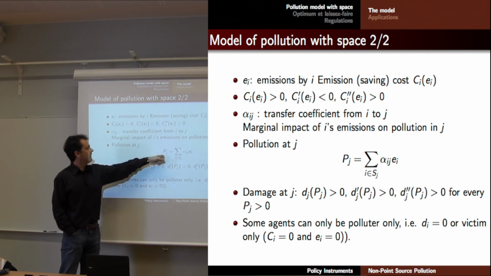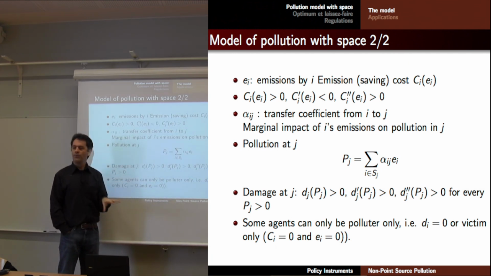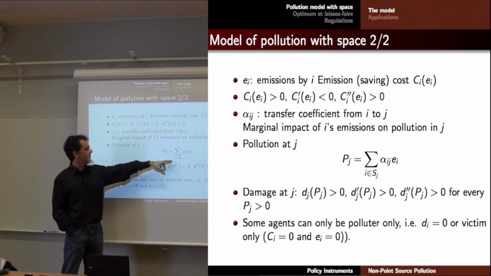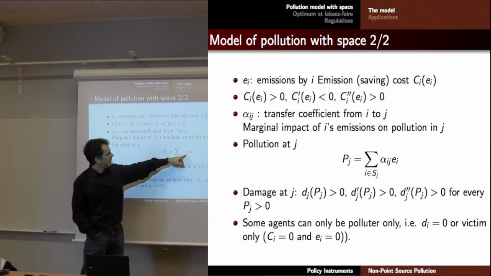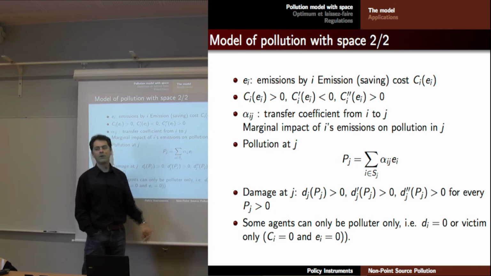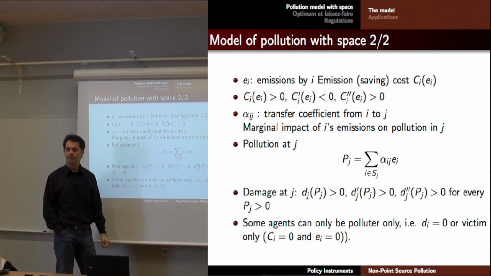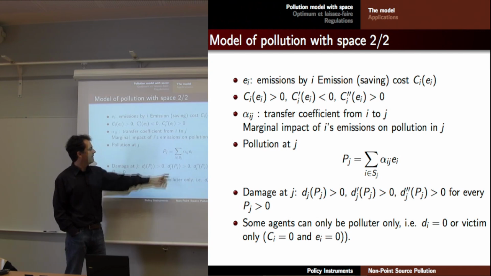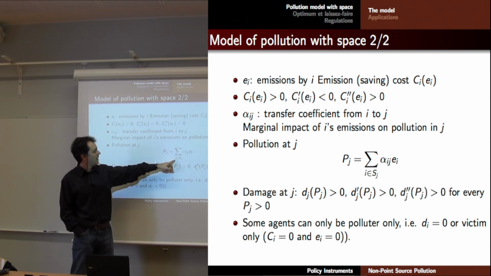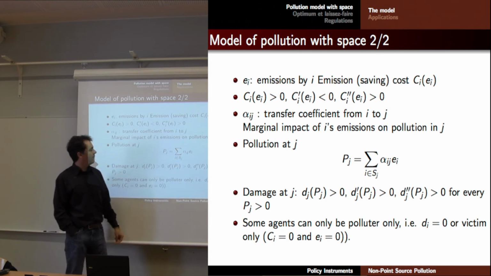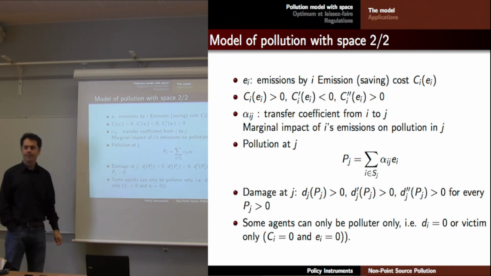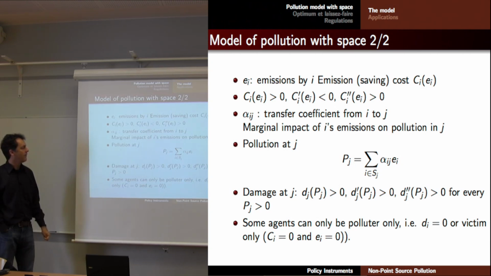At the end, what matters is the pollution concentration, where pollution matters, and it's just the sum of transfer coefficients times the level of emission, over each polluter that is affecting the pollution at J. So there is a linear transformation between the two variables, emission and pollution.